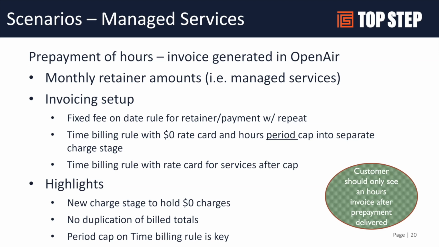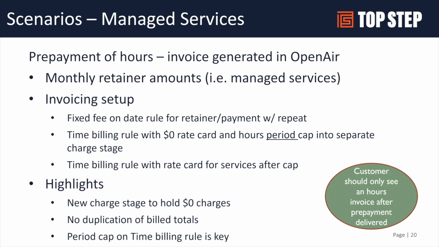In the billing rules setup, we have our fixed fee on date rule to put our amount per month that's going to be billed, and then we put that on a repeat so that we bill each month. And then we have our time billing rule for our $0 rate card. There's something on the time billing rules called a period cap, where instead of setting a cap for the entire project, you can set a cap for a time period.